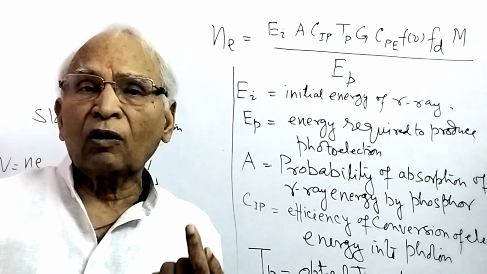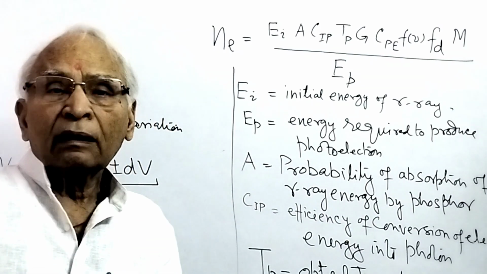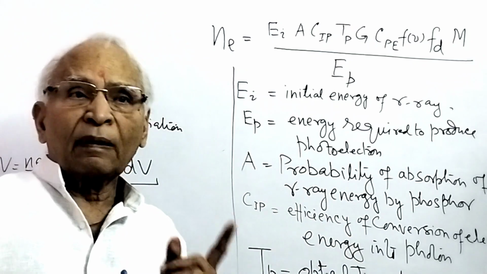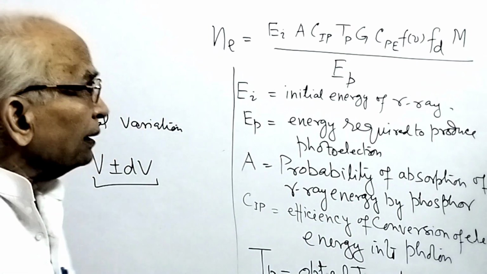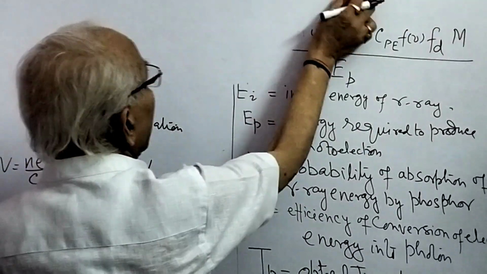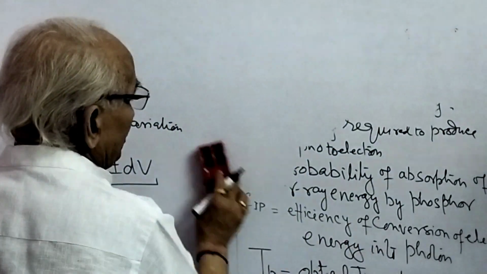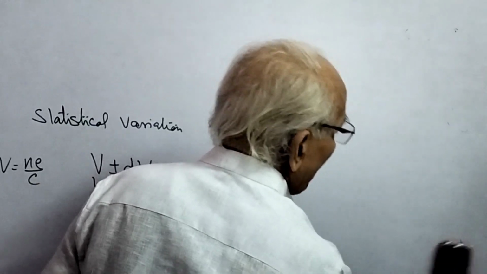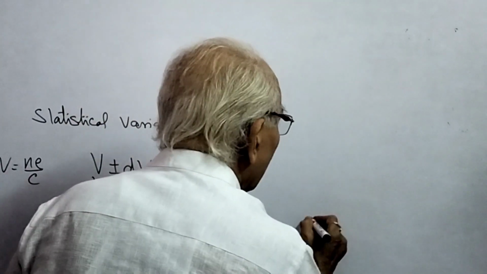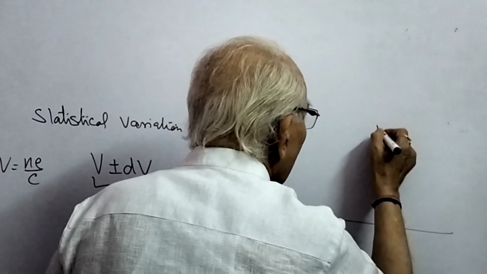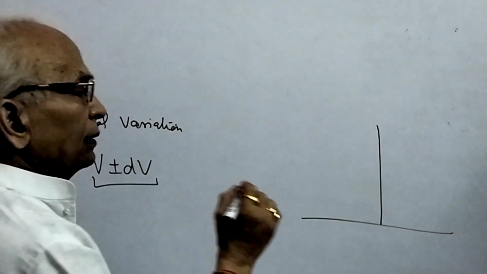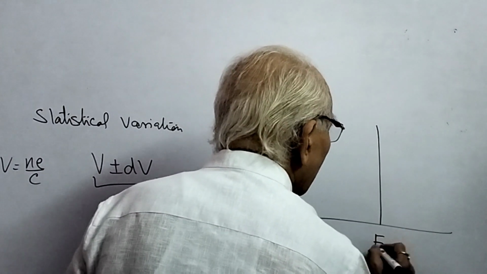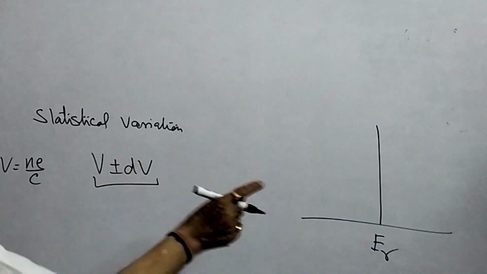So corresponding to one energy of photon, that is gamma ray, converted to photoelectric effect, what should you get theoretically? Theoretically you should get one sharp pulse. I must get theoretically one sharp energy of E gamma, a voltage corresponding to this.